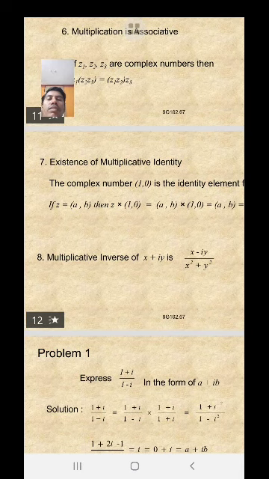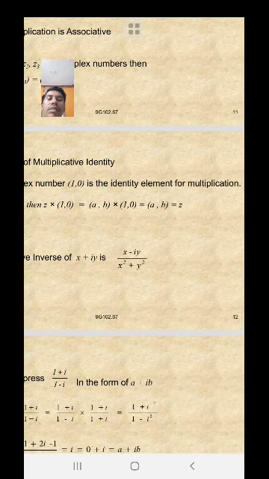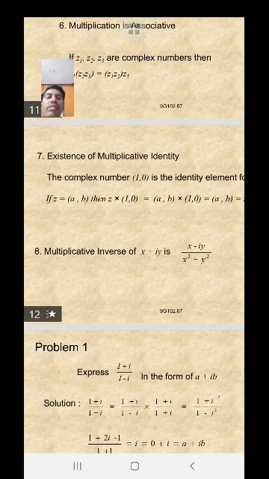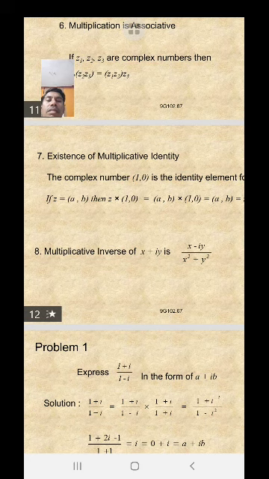If z = (a, b), then z into (1, 0) equals (a, b) into (1, 0), that equals (a, b), that equals z. Multiplicative inverse of x + iy is (x - iy) / (x square + y square).